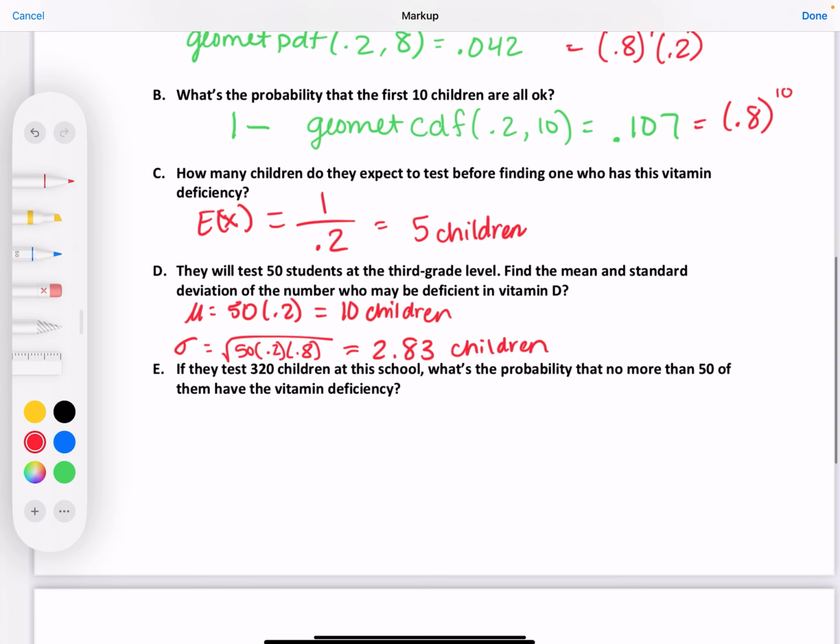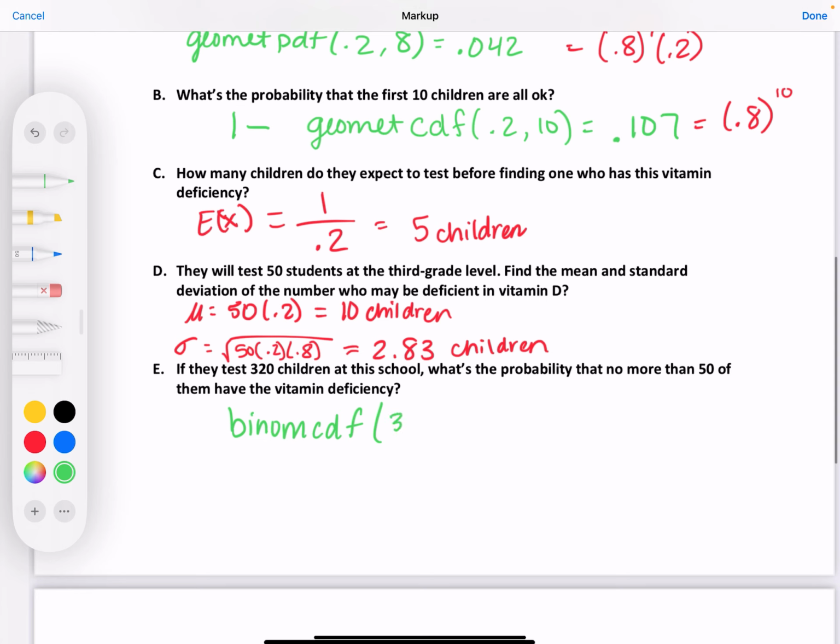So then if they test 320 children at the school, what's the probability that no more than 50 of them have a deficiency? No, we just need a calculator function. So this is binom, because we don't care about the order. So binom CDF. So we're adding up. So no more than 50, so anyone from 0 to 50 have a deficiency.